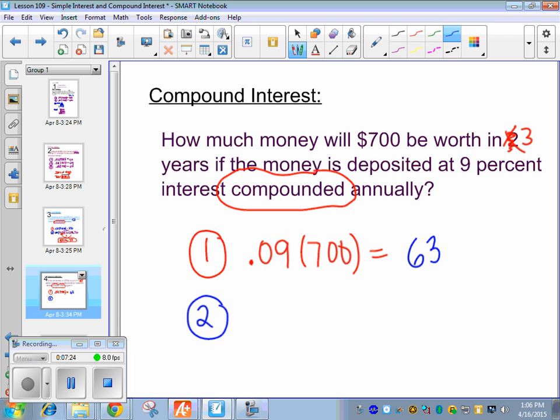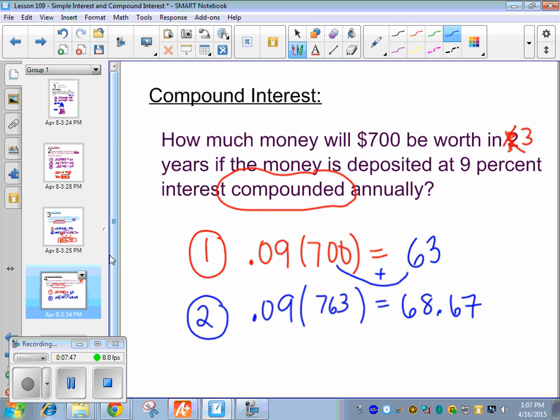Now, for year 2, we're going to take 9%, but this time of what number? Yep, 763. So again, you add in between steps. So we want to know what we had at the end of year 1. And our interest for year 2 would be what? Marcus? You guys agree? Okay, good.